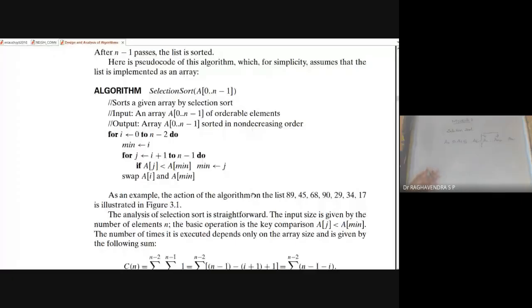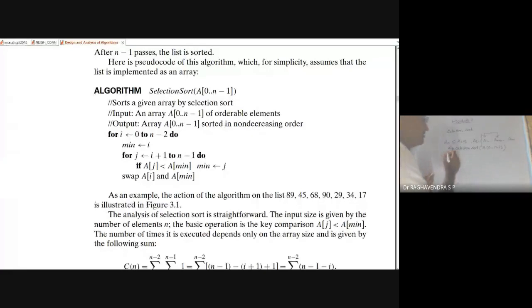So now this is the algorithm for selection sort. The algorithm is very simple. Algorithm SelectionSort. We have an array A of 0 up to n minus 1, and this array has to be sorted.